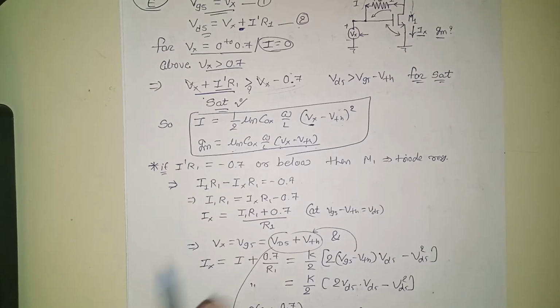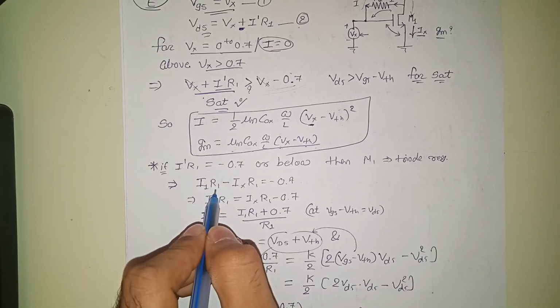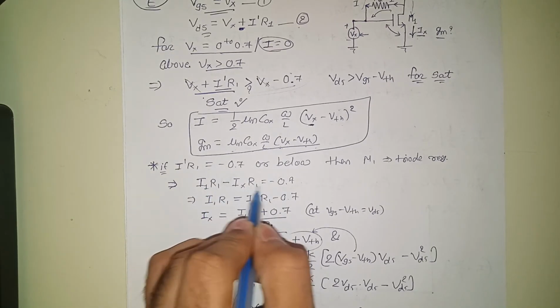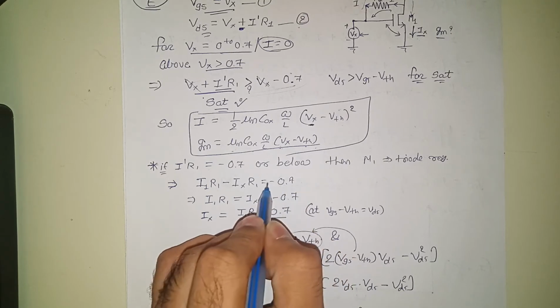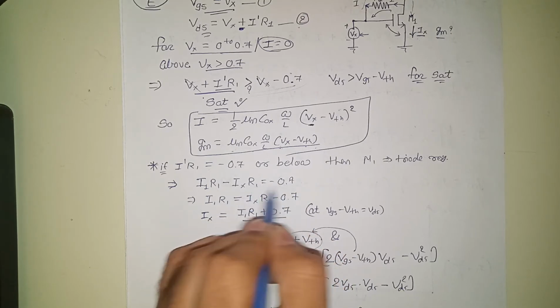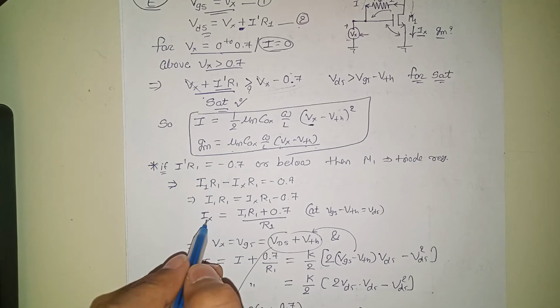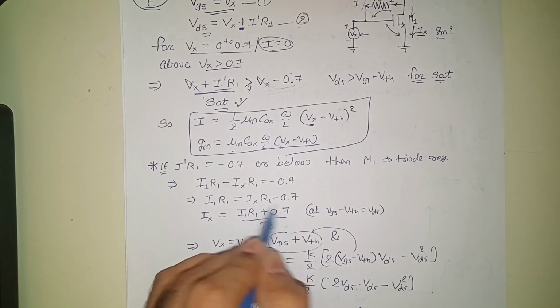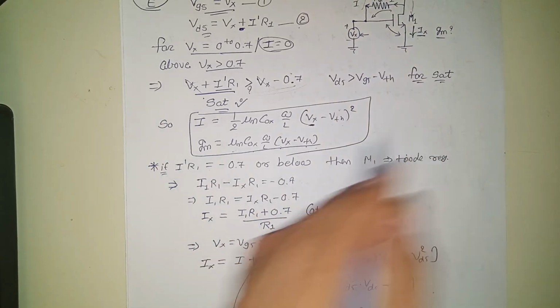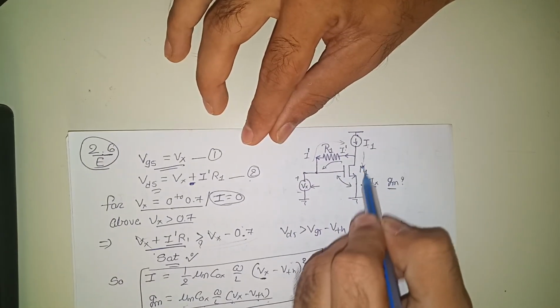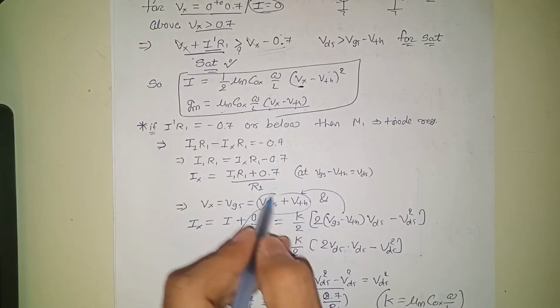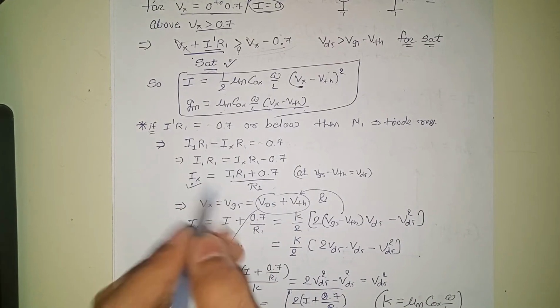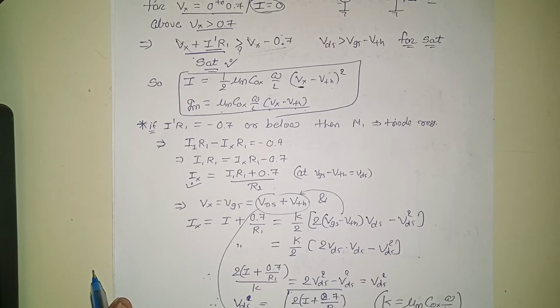So I1 R1 minus Ix R1 is equal to minus 0.7. We are making it equal just to make ourselves comfortable. Then Ix will be this. From this Ix, when your device current, the M1 drain current, is this much, then your device will be coming into the triode region.